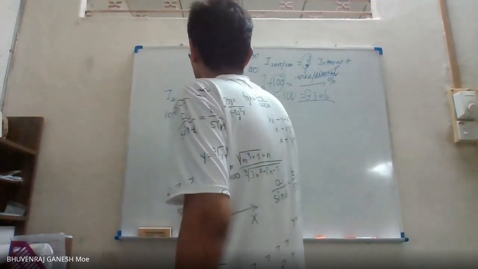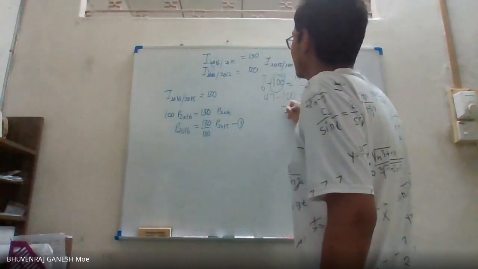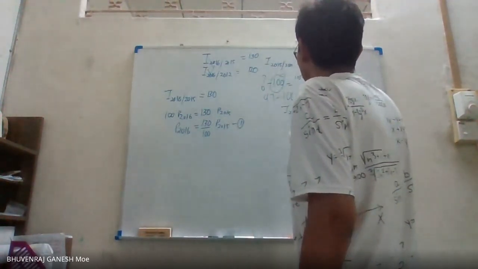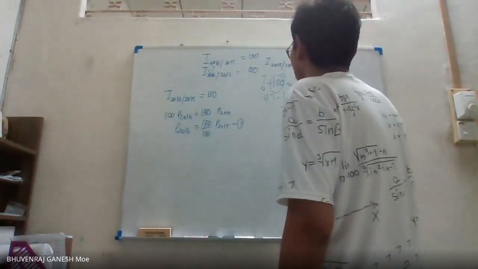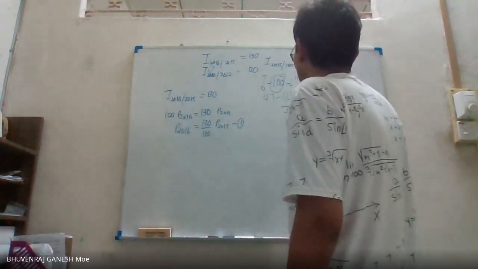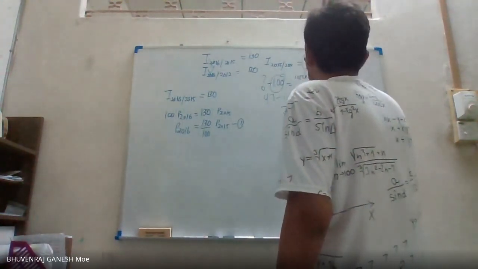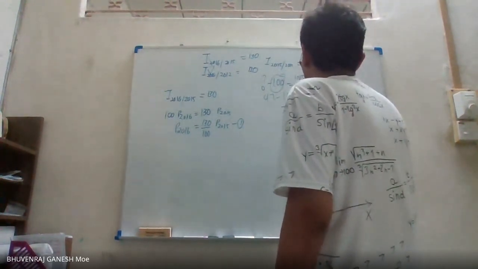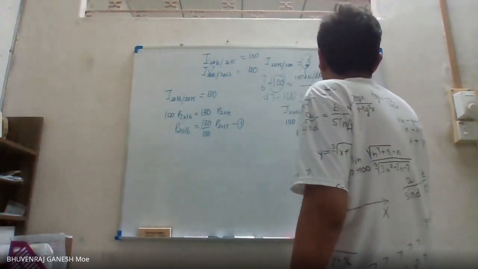This is your first one, and the second one is this: 100 P 2015 equals 120 P 2012. So same thing, 120 over 100 P 2012.